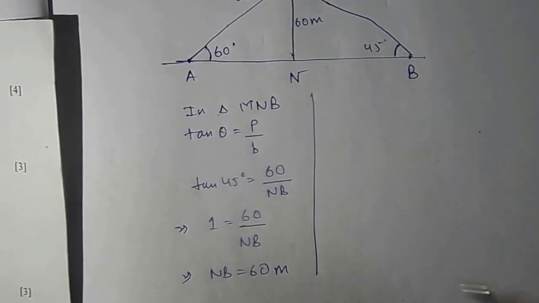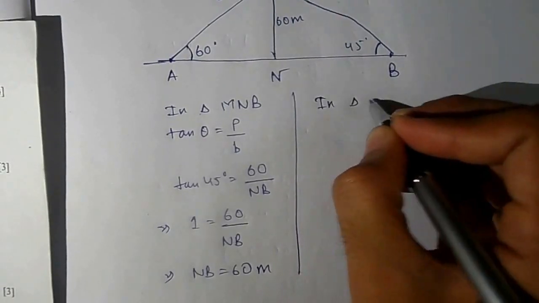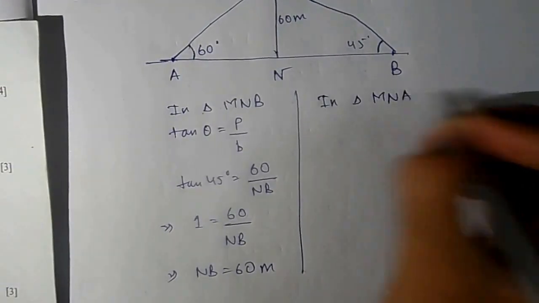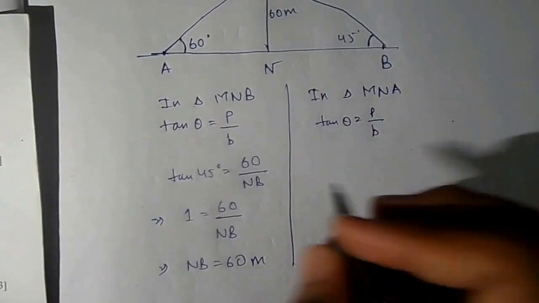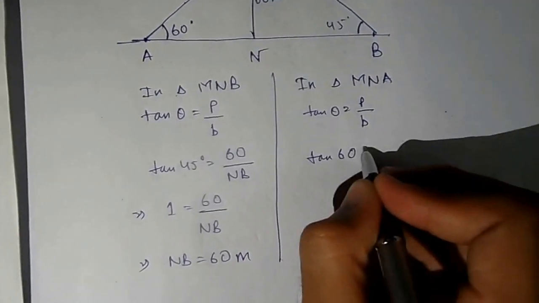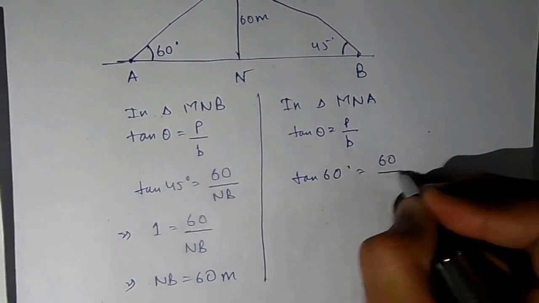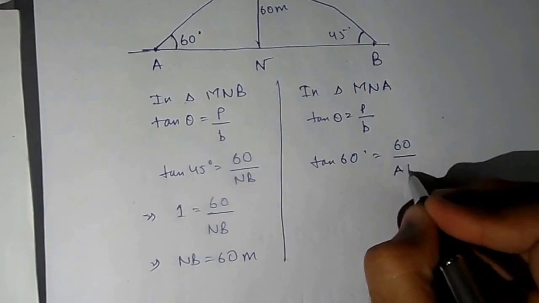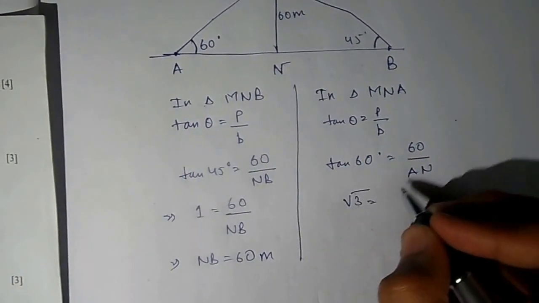Now for ship A, in triangle MAN, tan theta is perpendicular by base. Tan 60° equals perpendicular 60 over base AN. Tan 60° is √3, learn that.